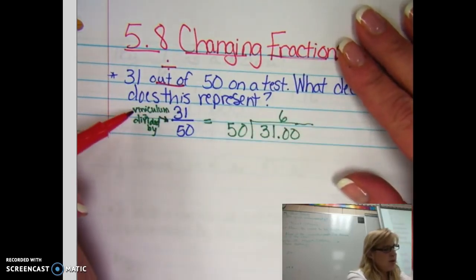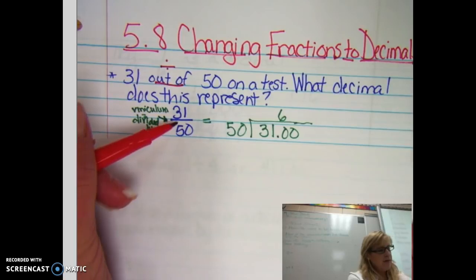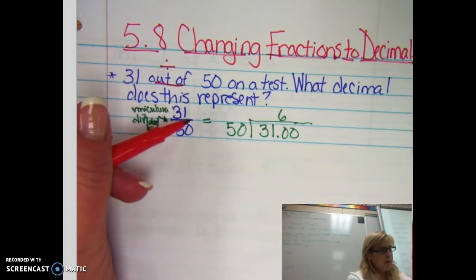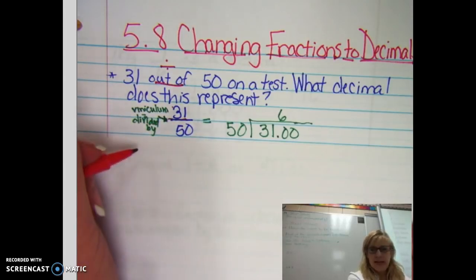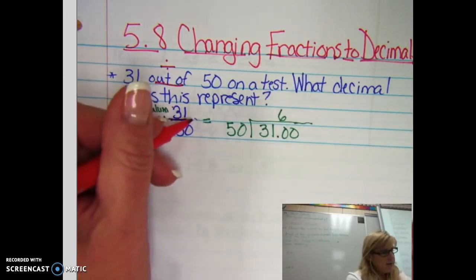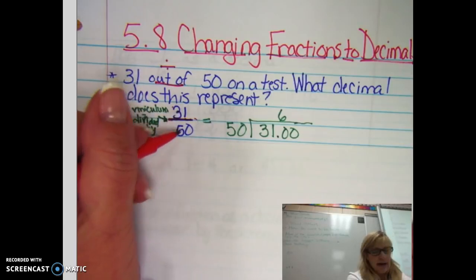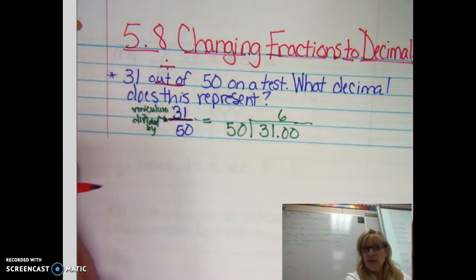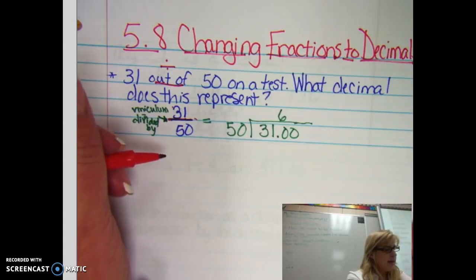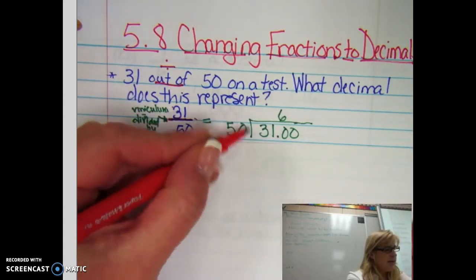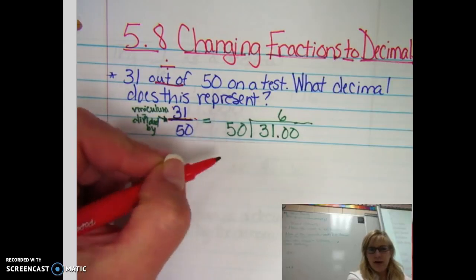You would write 31 with the vinculum out of 50. This vinculum actually means divided by. In fact, if you just drew the vinculum and put a dot here and a dot here, it is actually a division symbol. So what that means is 31 divided by 50 parts.